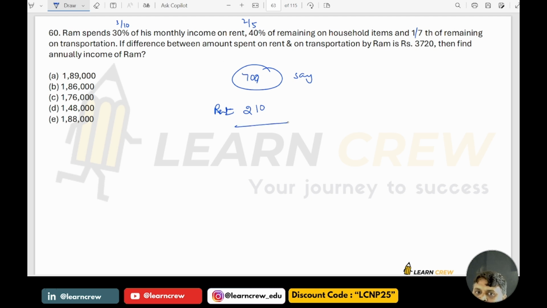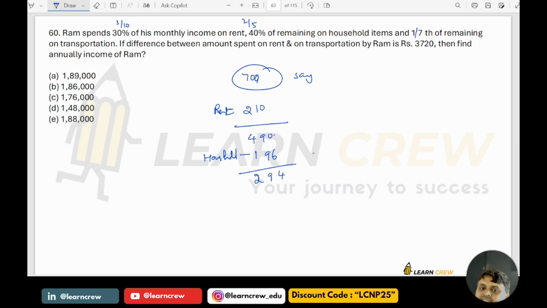So the remaining is 490. 40% of the remaining on household items. 10% is 49, so 40% would be 4 into 49, 196. So on household, 196. 490 minus 196 is 294.